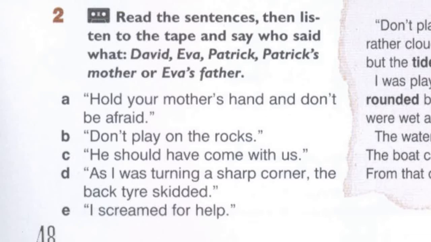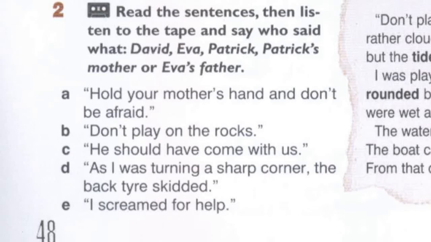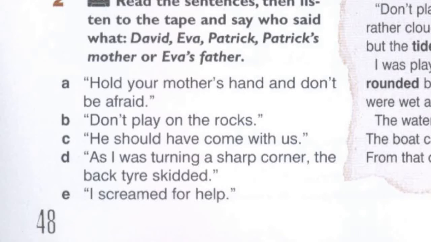Look at the sentences here. A: Hold your mother's hand and don't be afraid. B: Don't play on the rocks. C: He should have come with us. D: As I was turning a sharp corner, the back tyre skidded and I screamed for help. Understanding the meaning of words here gives us new vocabulary.